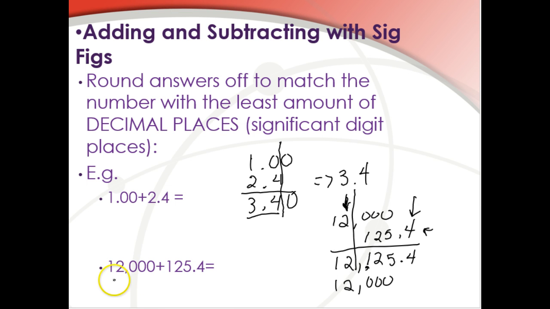This number, 12,000, remember in science we're dealing with measurements, so this measurement may be 12,000 meters or 12,000 miles. It's such a rough measurement that adding a little bit to it doesn't change the estimate, right? Or you can say dollars. I'm going to give you $12,000.